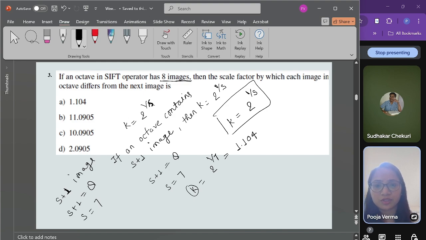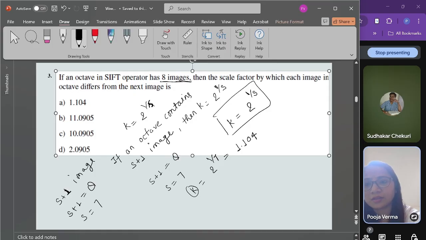Just calculate and confirm it in the chat box. What value are you getting? You can calculate from your simple calculator also. 2 to the power 1 by 7, so you will get 1.104. That is option A, the correct answer for this question.